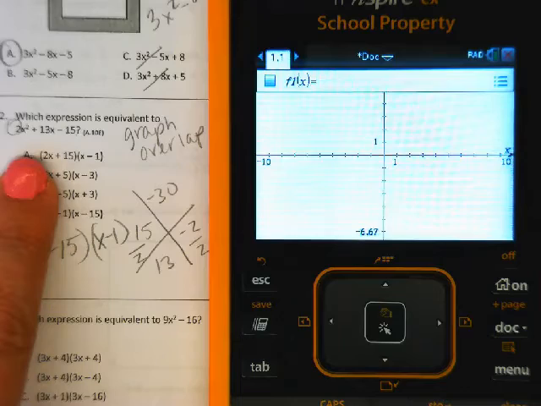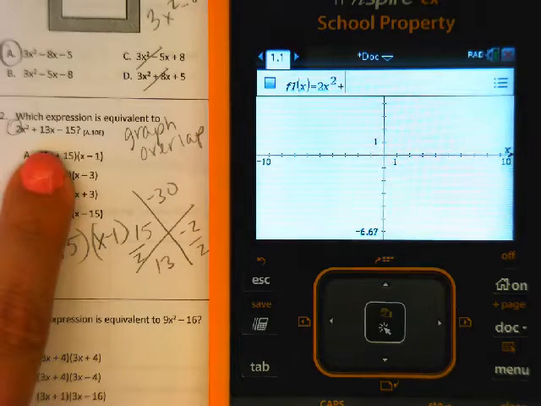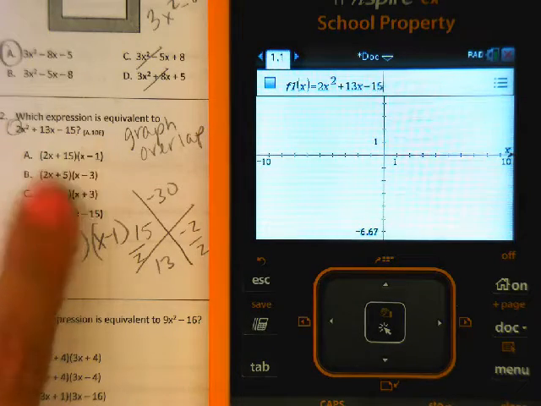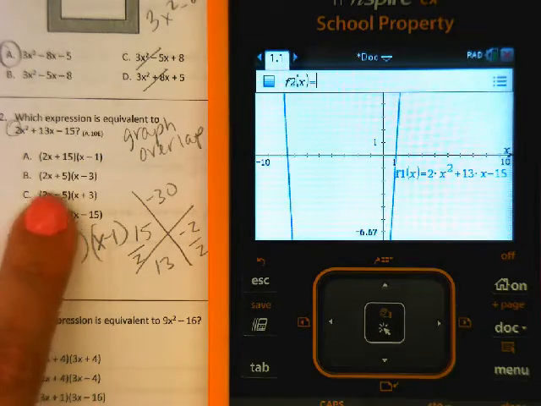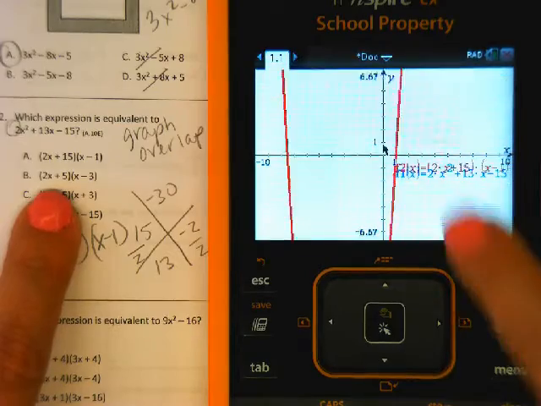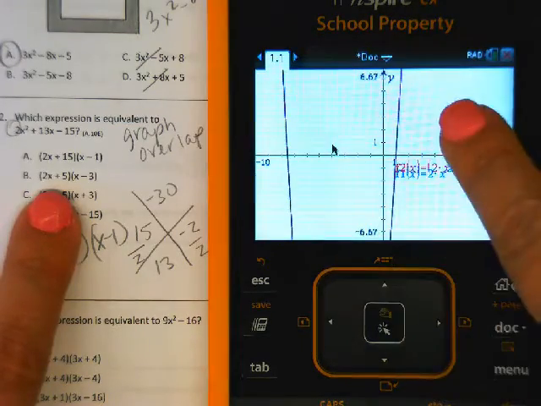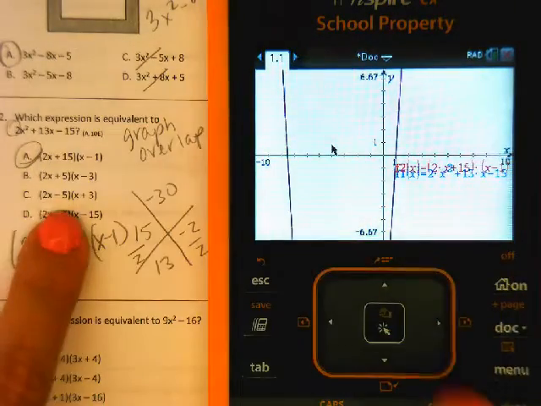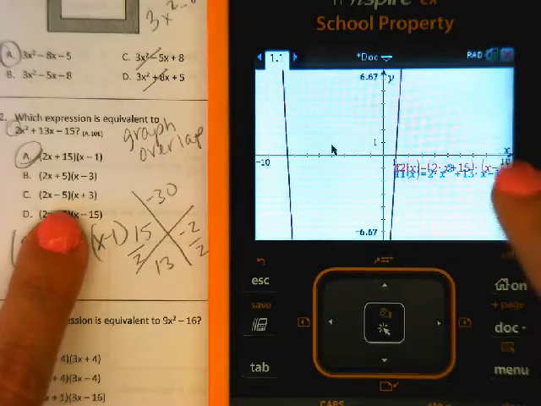You can definitely go through and graph these and see what you get. So you're just looking for that overlap. Here's the first one, which happens to be the answer. It overlaps exactly. Now, if you're going to do that, make sure you're typing it in correctly.